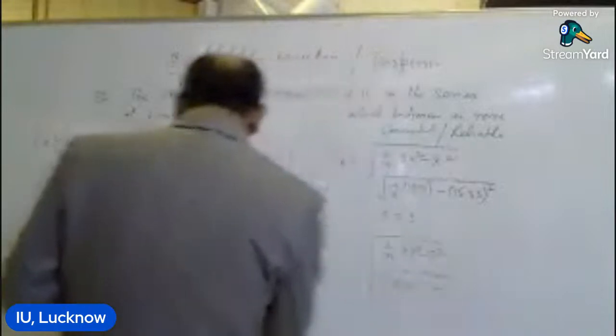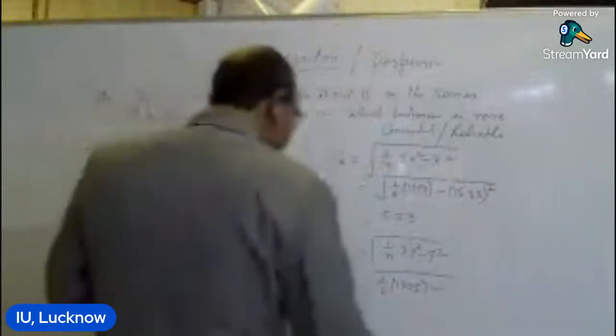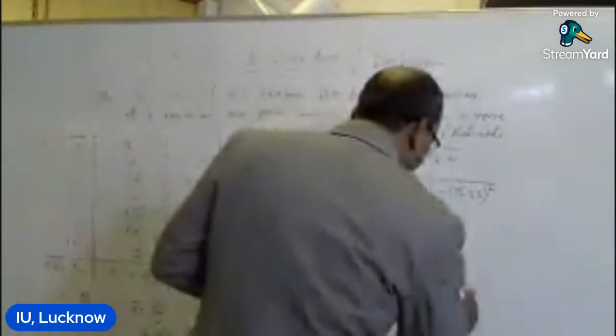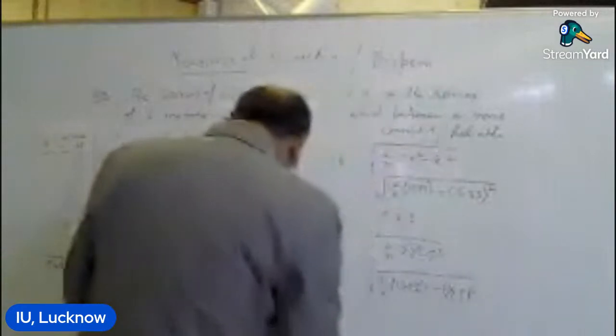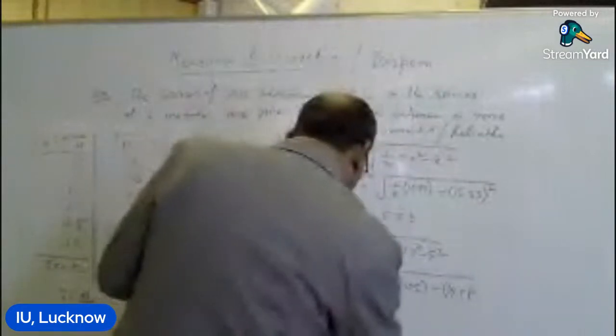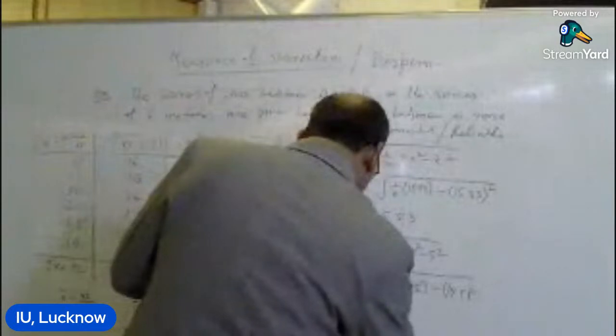Mean of y is 14.5, square of this. After solving this, you will get the standard deviation of y as 2.69.